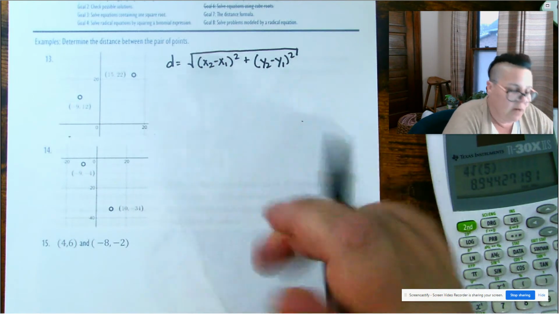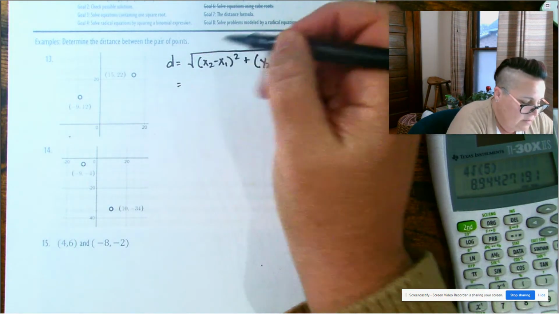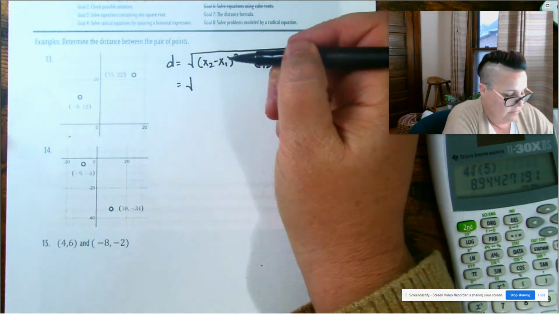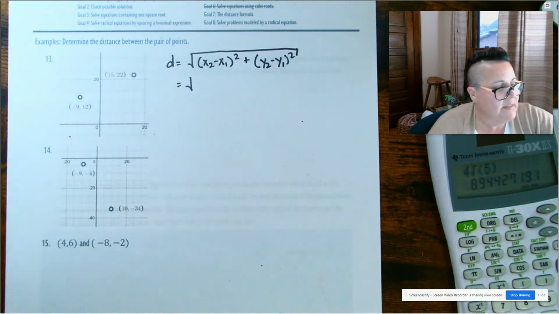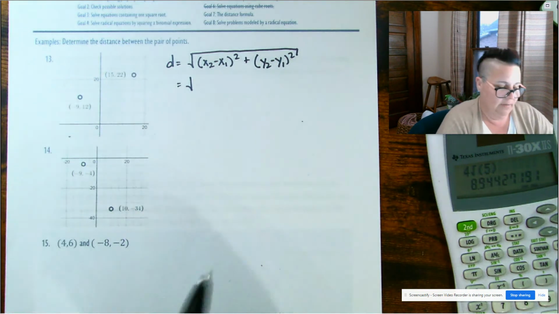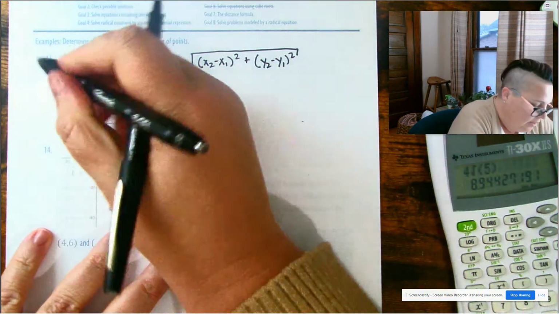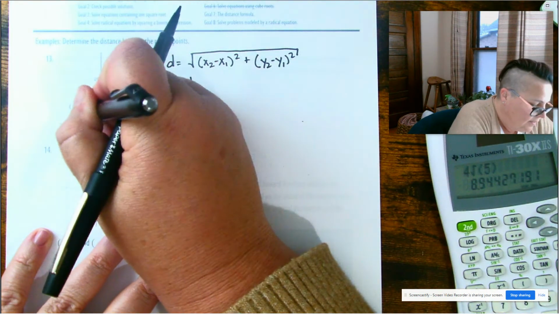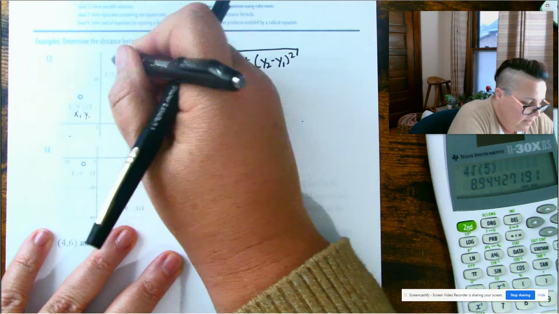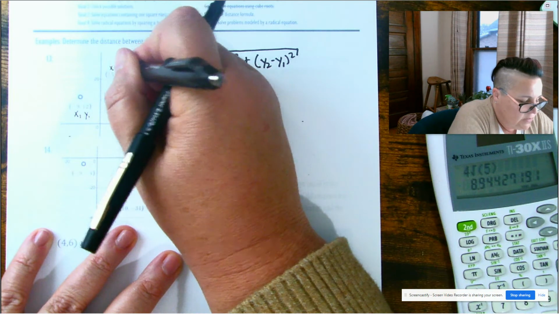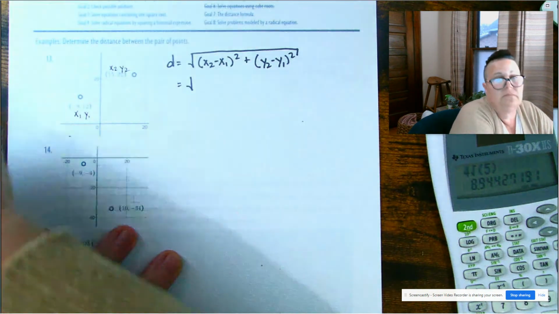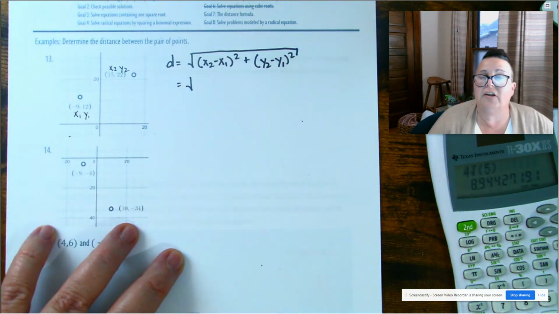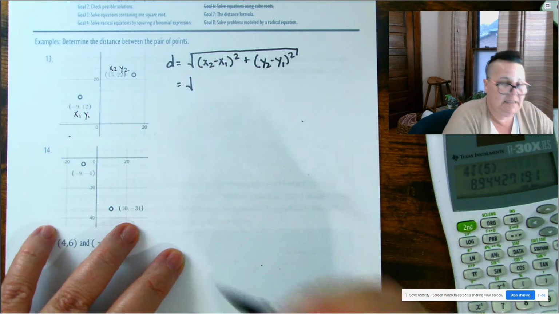All right, so our distance is equal to the square root. What do we want to do for x's and y's? It really won't matter. I am going to call this guy x1 and this guy y1, and this guy x2 and this guy y2. Order will not matter as long as you stay consistent.